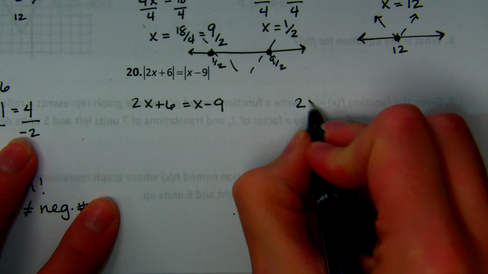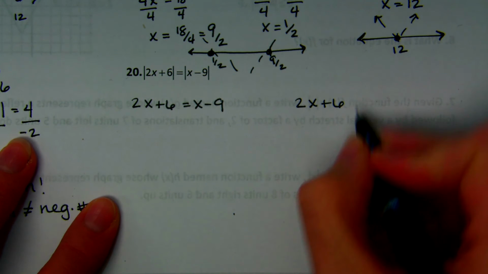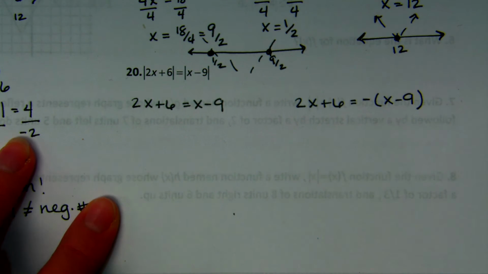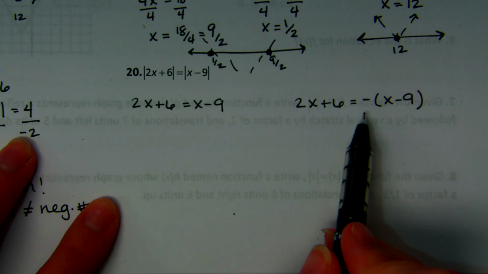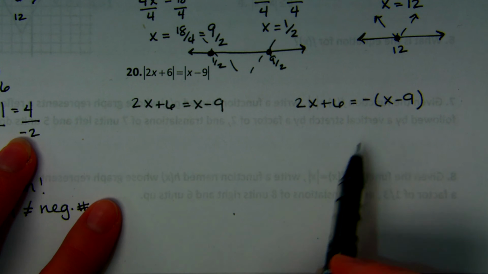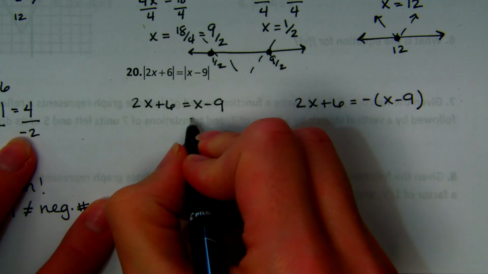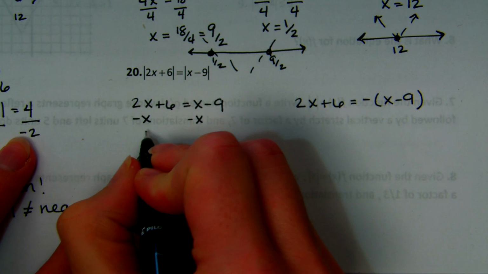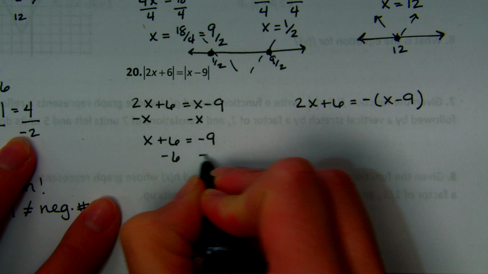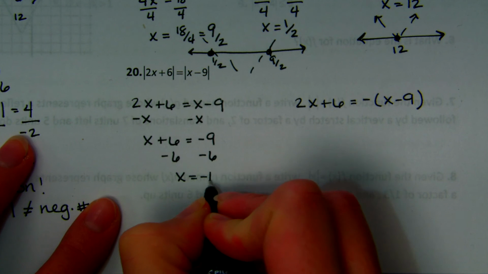So it's 2x plus 6. That stays the same, but it's equal to negative x minus 9, like that. And so I changed the sign for the whole thing. You want to make sure you put parentheses around it. We're going to solve both of these equations. So this one I'm going to subtract x, and I get x plus 6 is equal to negative 9. Subtract the 6. X is equal to negative 15.